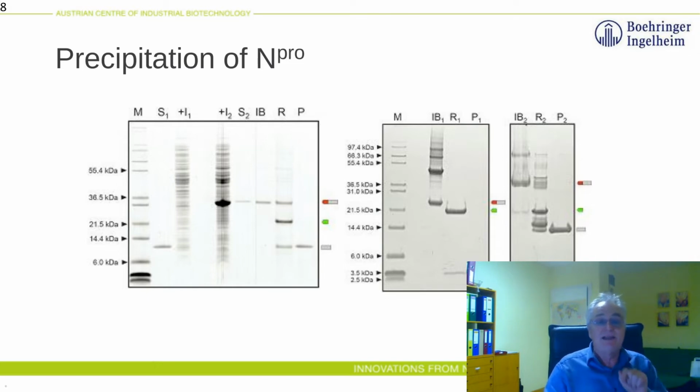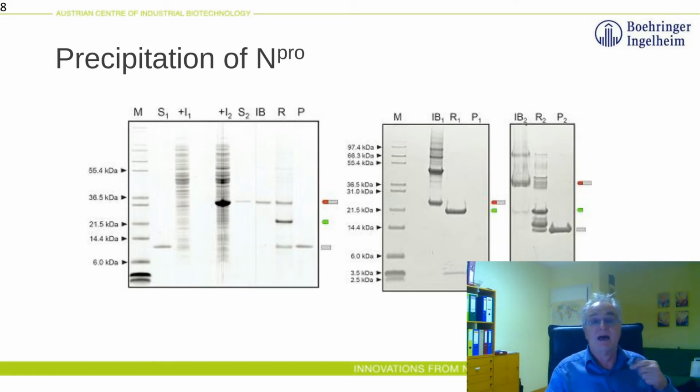And this is quite interesting because the Npro is not soluble at acidic pH. So you lower the pH to like pH 4, then the Npro is precipitating, and the target protein is in the supernatant. So this is a pretty simple, straightforward process.